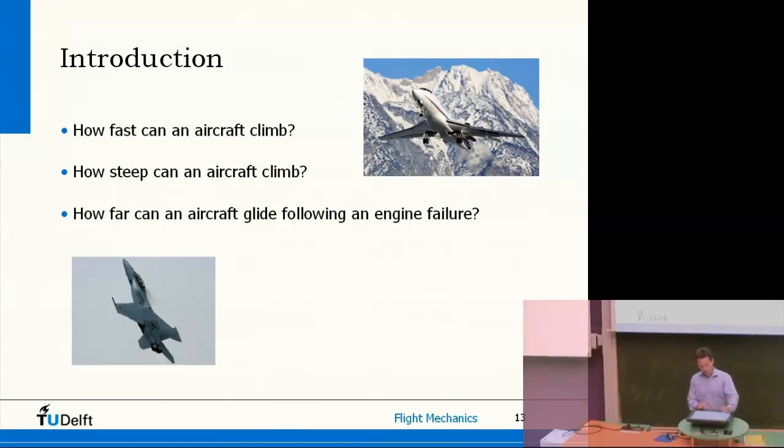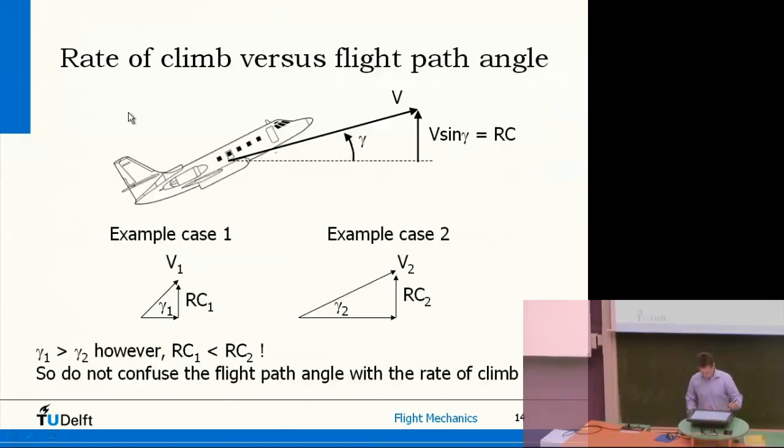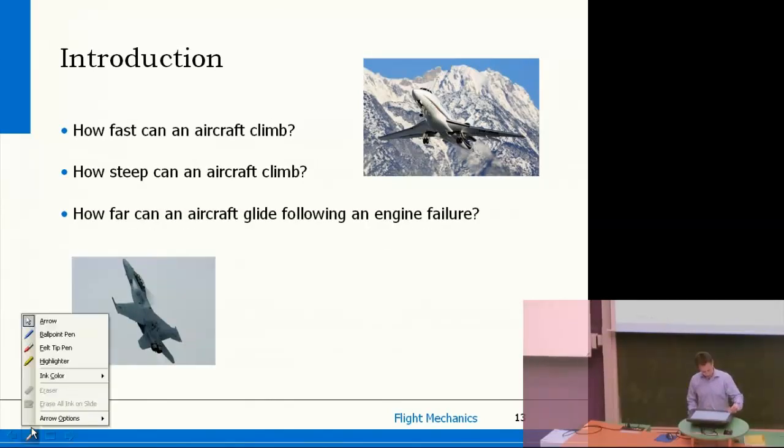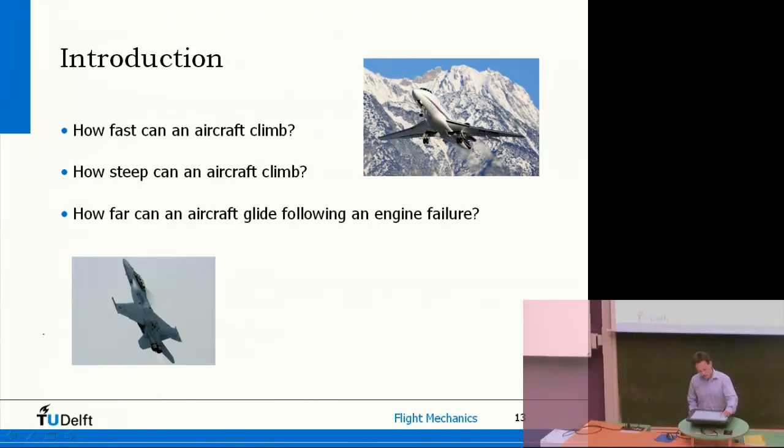Because fast, let me get the pen back. Fast is basically time related, and steep is basically an angle. So an angle is relevant if you, I mean, this is the airspeed vector.